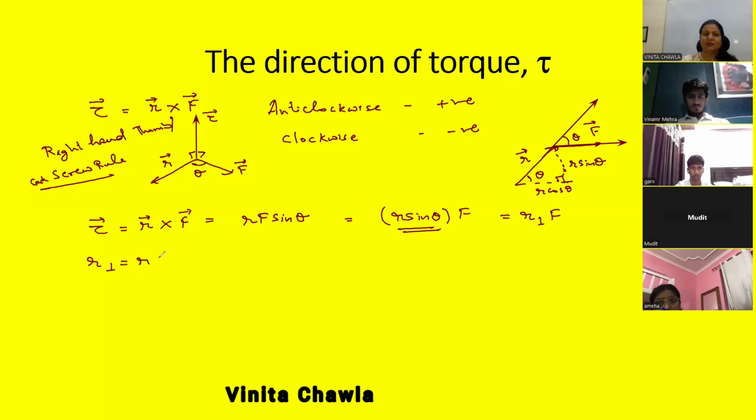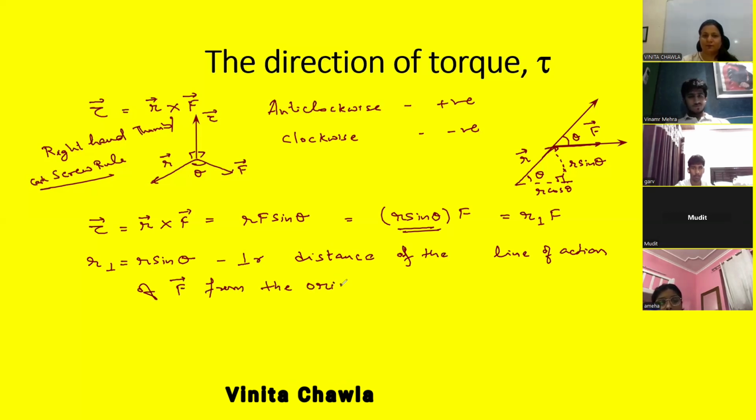R perpendicular is r sine theta, and it is the perpendicular distance of the line of action of force from the origin. Perpendicular distance of the line of action of force from the origin.